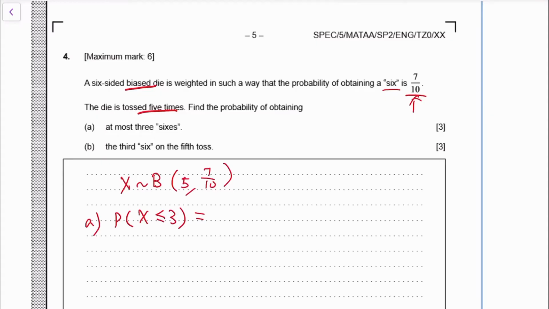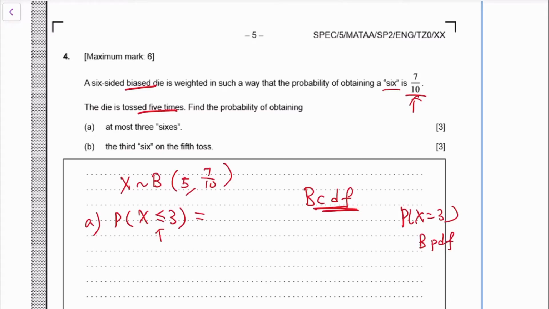You go to binomial CDF. It's a CDF because it's less than or equal to. Okay, so if the question wants exactly 3, you do binomial PDF. If it's an inequality or an interval, then you do CDF.